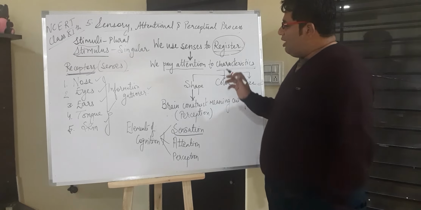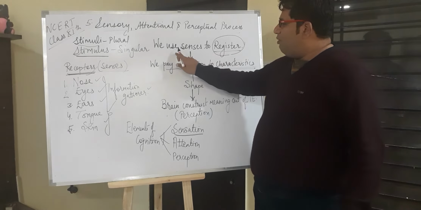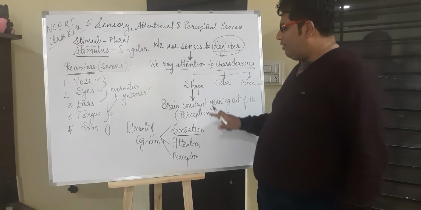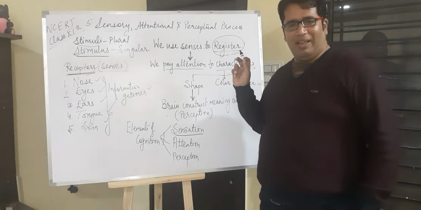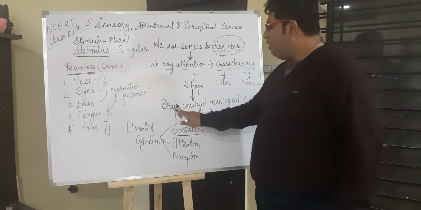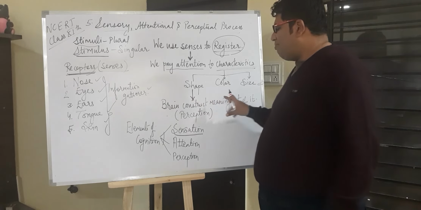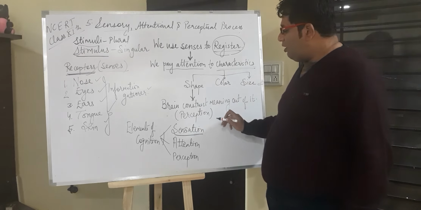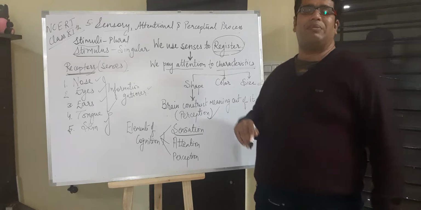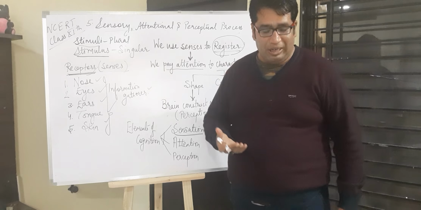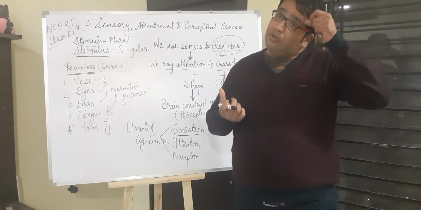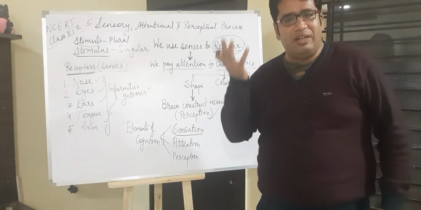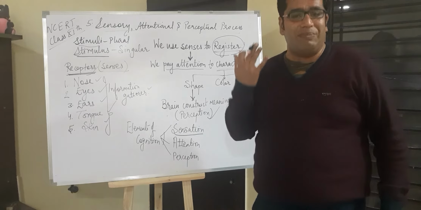So first you are using your senses to register, then you are paying attention to the stimulus, and finally, after paying attention, you are constructing a meaning out of the stimulus. It means you are drawing a perception. Perception in Hindi is called nazariya banana. Whenever you face a particular surrounding, you draw a perception in your mind by the use of your brain.